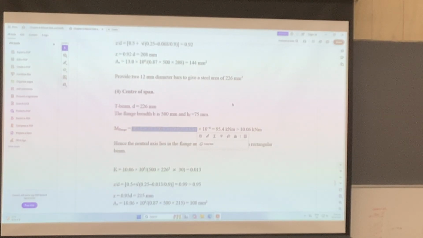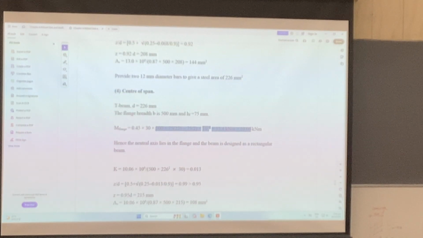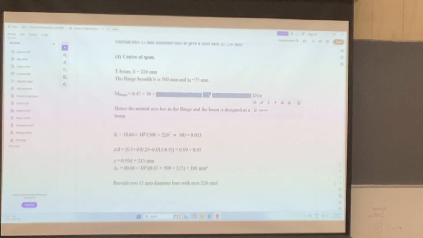Here we have shown that the neutral axis is within the flange, or within the slab, so we can use the rectangular equation.